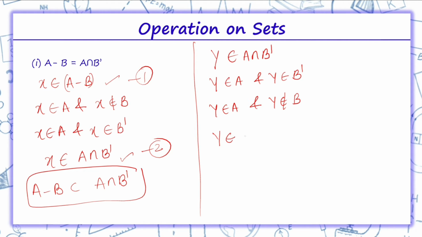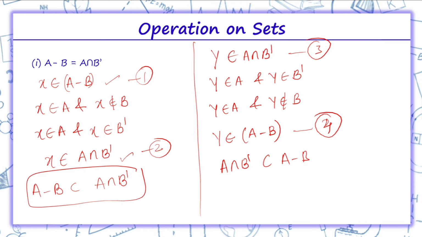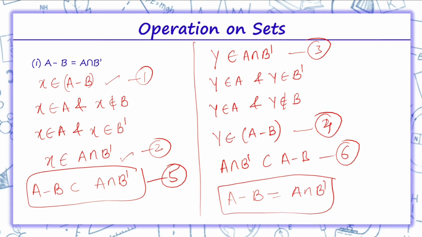So Y belongs to A minus B. In the third equation we proved Y belongs to A intersection B complement, and in the fourth we proved Y belongs to A minus B. So A intersection B complement is a subset of A minus B. By the fifth and sixth, A minus B is a subset of A intersection B complement and A intersection B complement is a subset of A minus B, thus A minus B equals A intersection B complement.